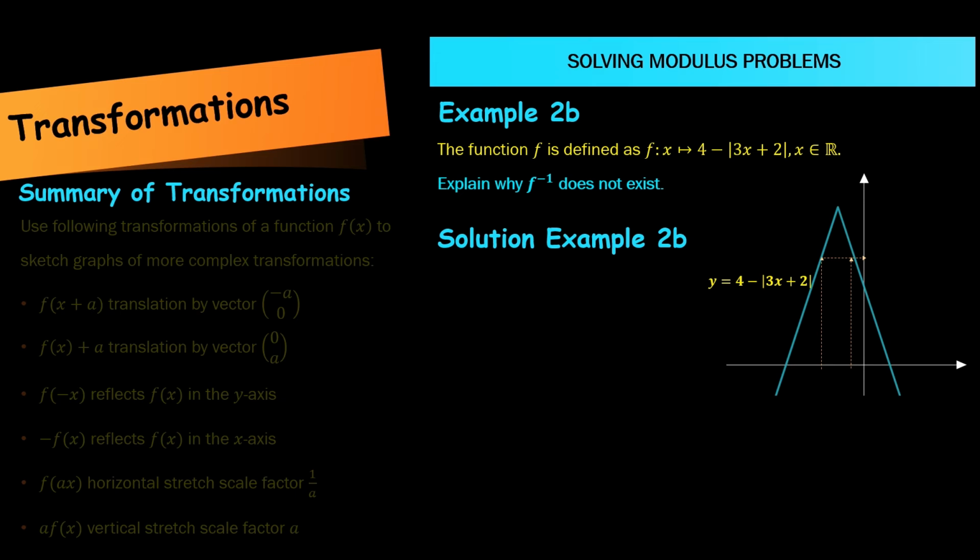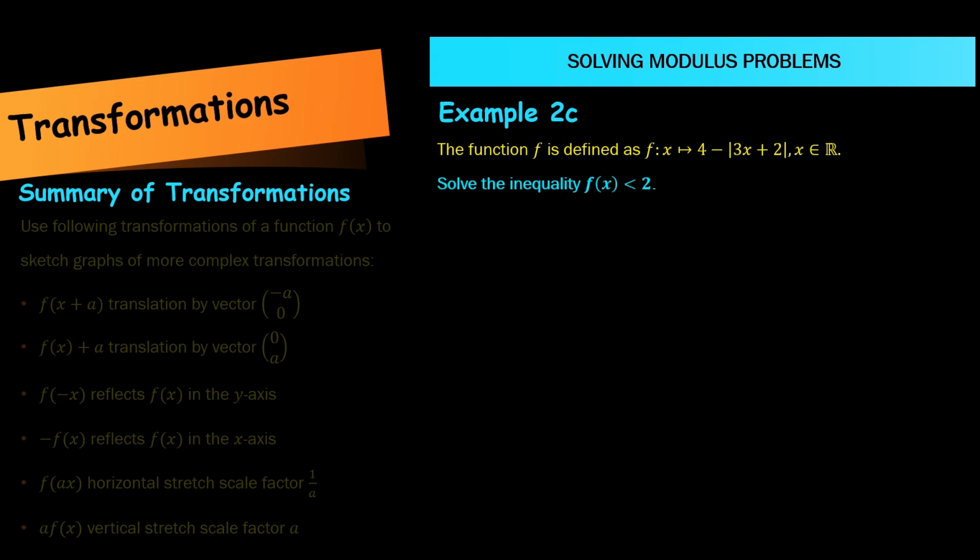Notice that several values of x are mapped to one value of y. In this example, it's actually two values of x mapping to one value of y. In either case, the function f is therefore many to one. And this is why f inverse does not exist.